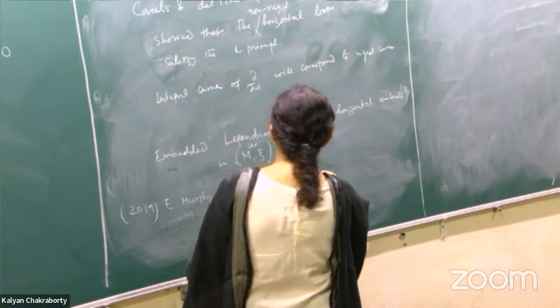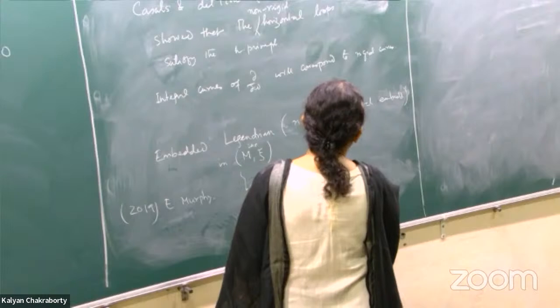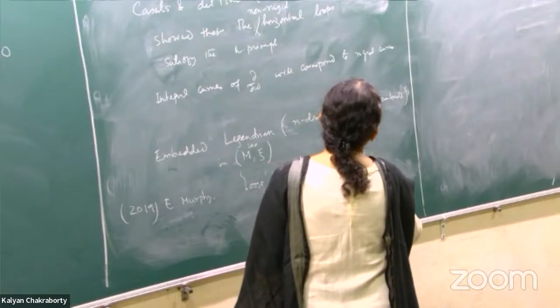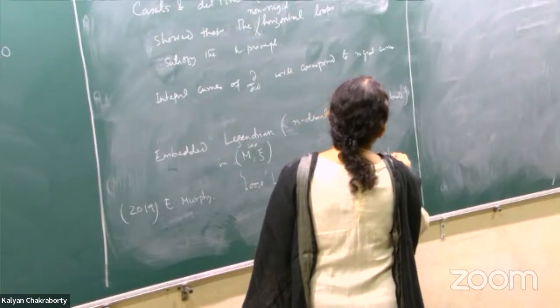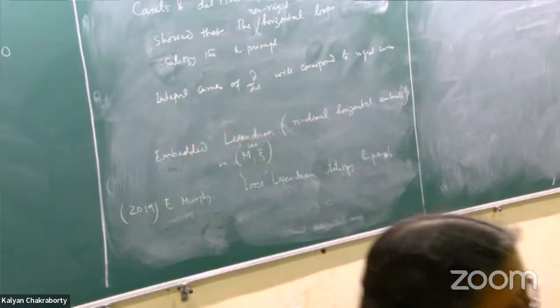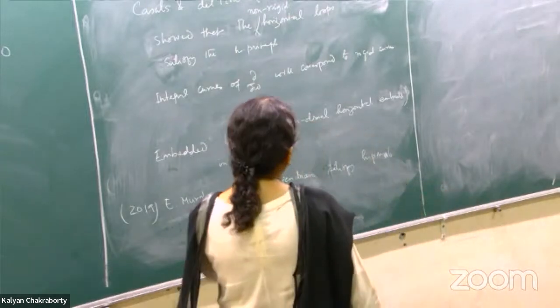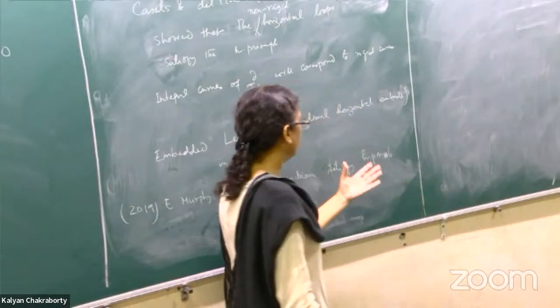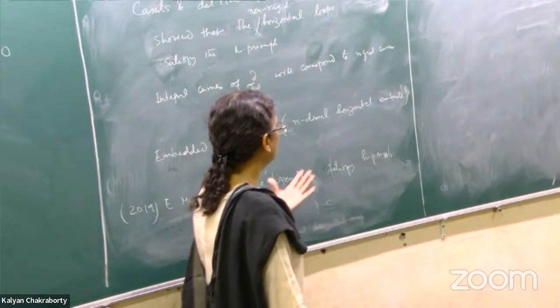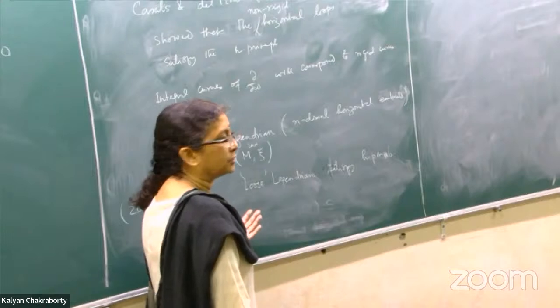So loose Legendrians satisfy the h-principle. So there is a class of Legendrian embeddings which behave nicely in terms of the h-principle. That means if we have a formal loose Legendrian, that can be homotoped to an actual Legendrian.